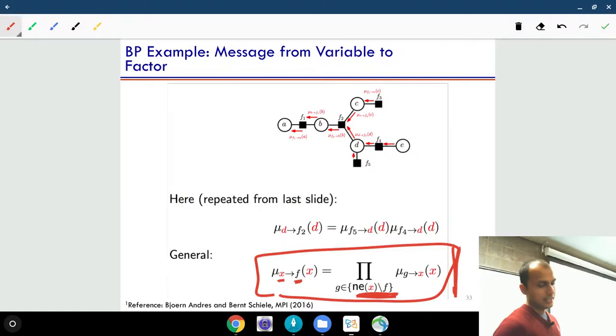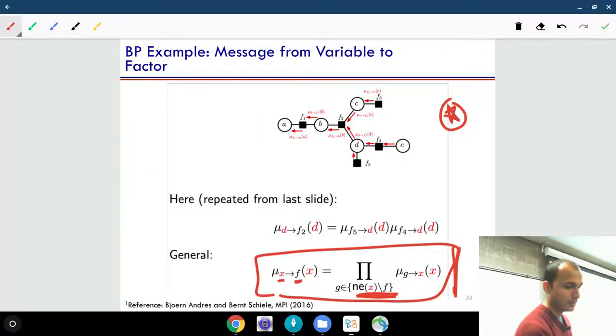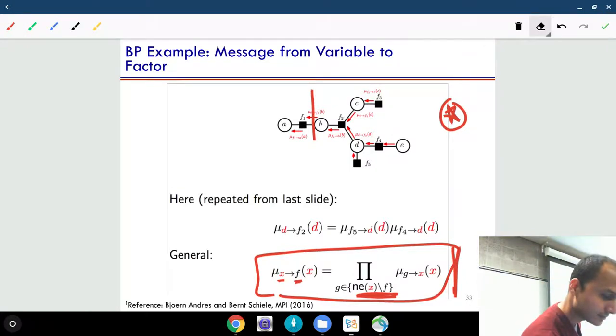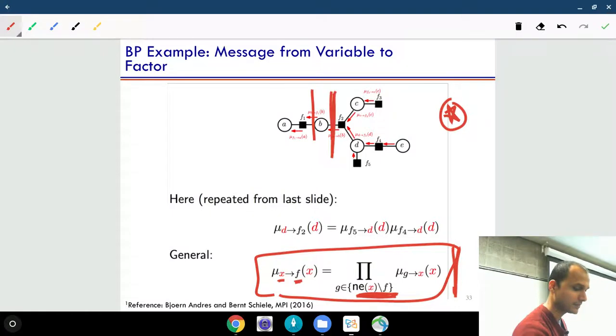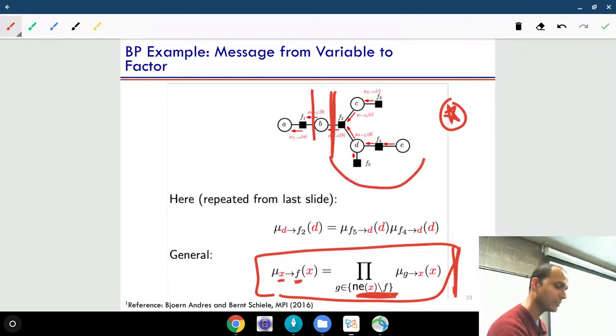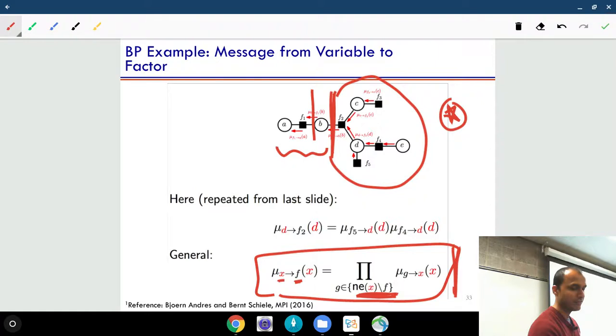But we already saw, for this example, what happens. We just had to pass a message by somehow getting rid of all these variables, summing over all of them, and there was one message, one vector, which would multiply with the factor corresponding to a comma b to get me the marginal distribution, right?